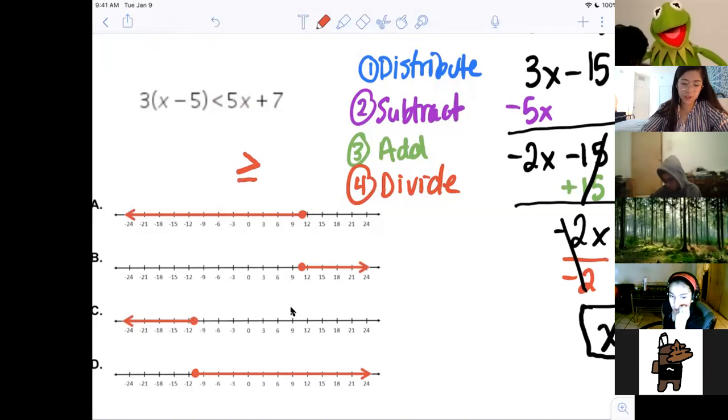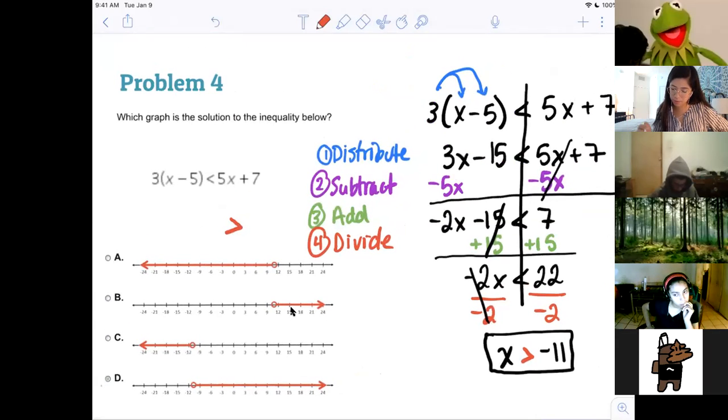But since I have just greater than, they're going to be open dots. So that's the other thing that you have to keep in mind when you're graphing. They're going to be open dots, and the dot should be over the negative 11. So just like David said, D is my answer.